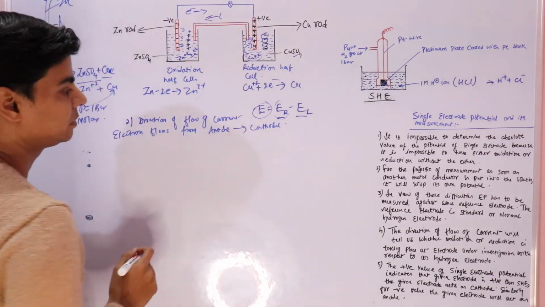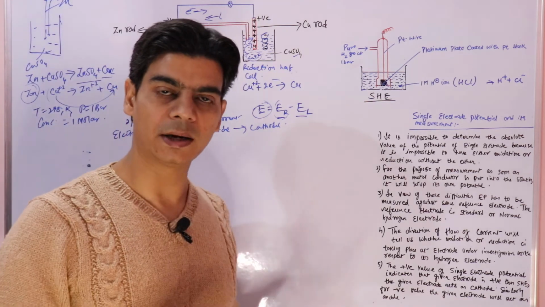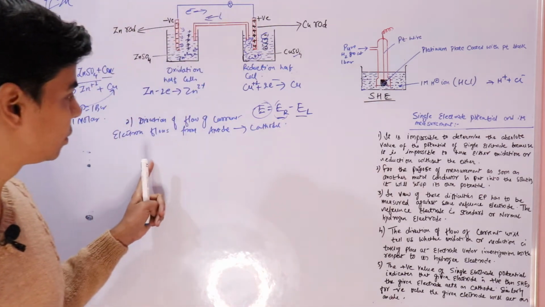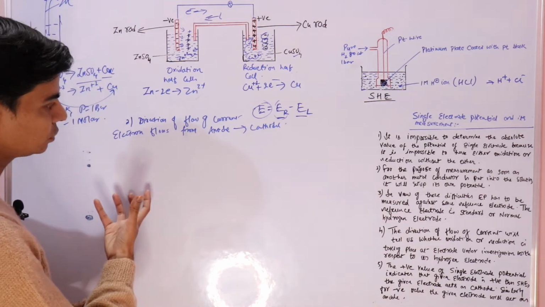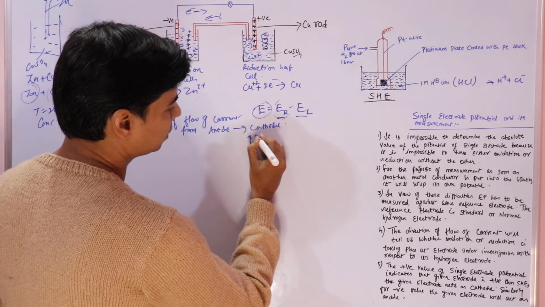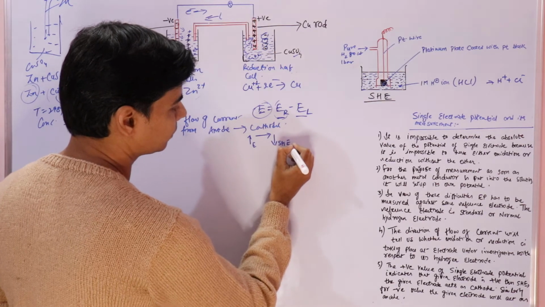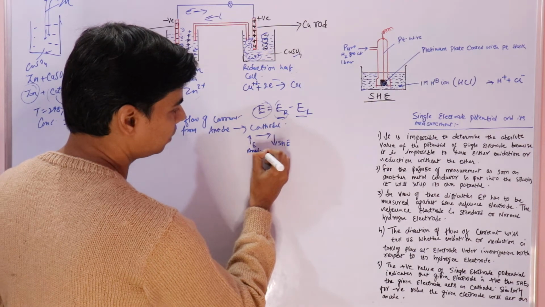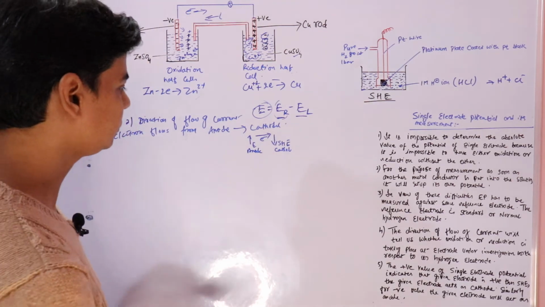And the deflection of this voltmeter will tell us the direction of flow of current, and from the direction of flow of current we will get to know the direction of flow of electrons. So if electrons are flowing from, say, the electrode under investigation to the standard hydrogen electrode, then this electrode would act as anode and this would act as cathode, since electrons are moving in this direction.